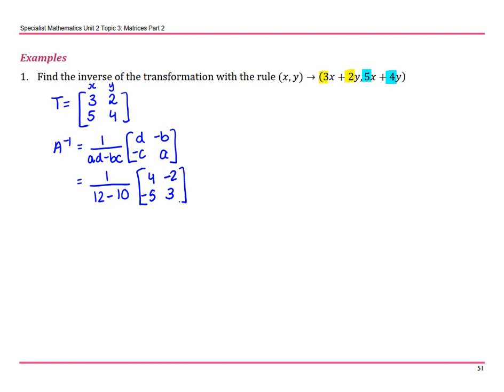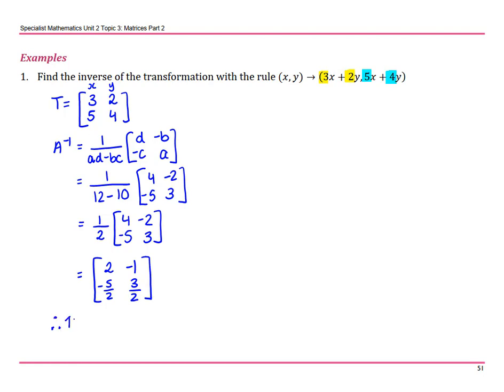Tell you the truth, I remember the process, I don't remember the rule. So you wouldn't need to write the rule out if you are in the same situation as me. So multiplying everything by that half, I end up with 2, negative 1, negative 5 over 2, and 3 over 2.